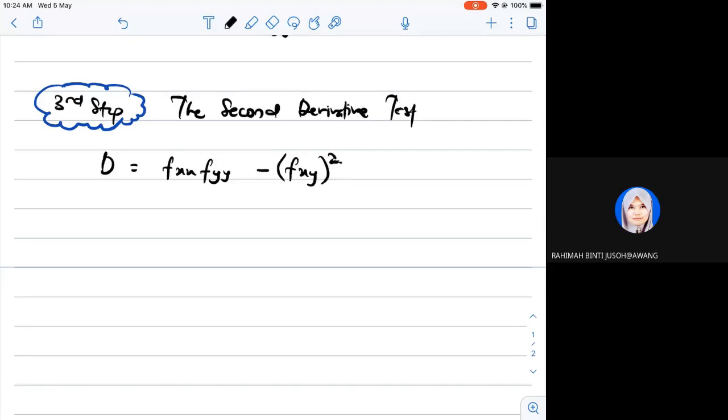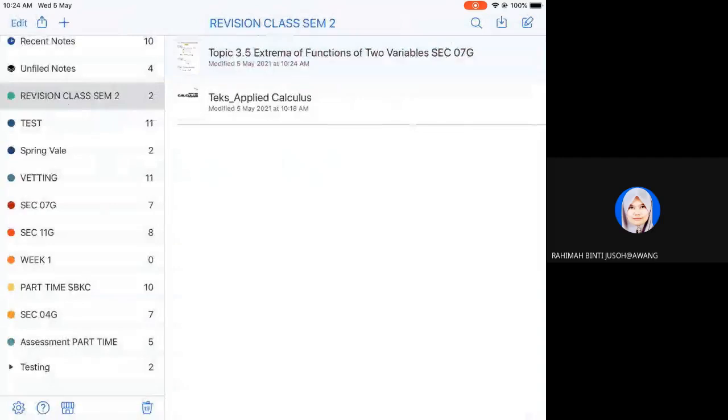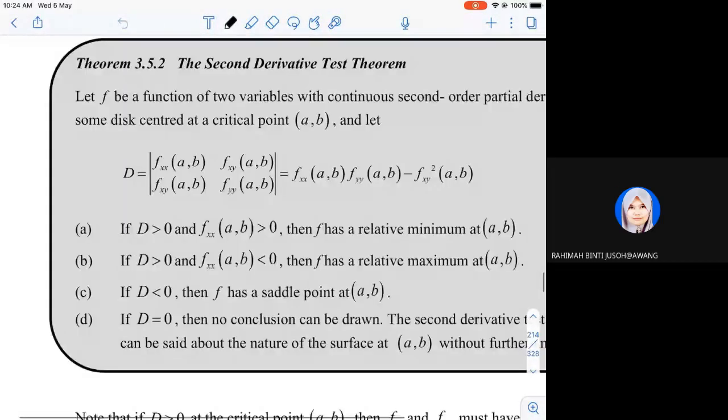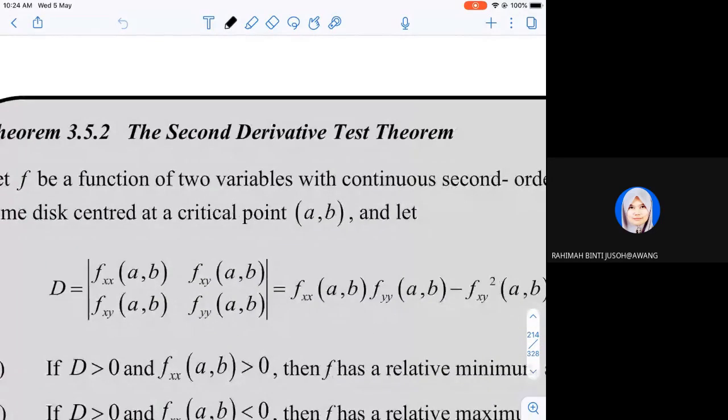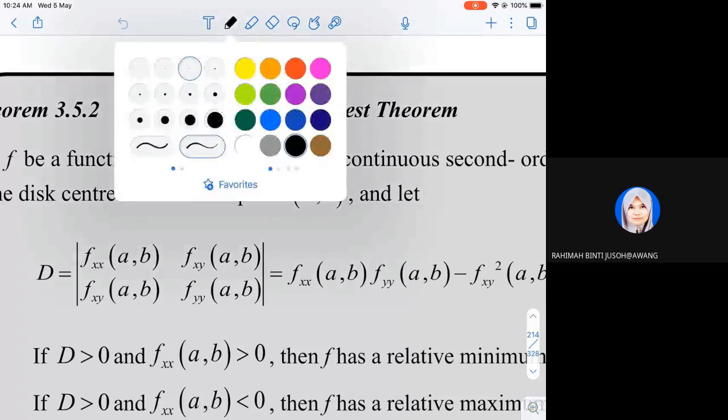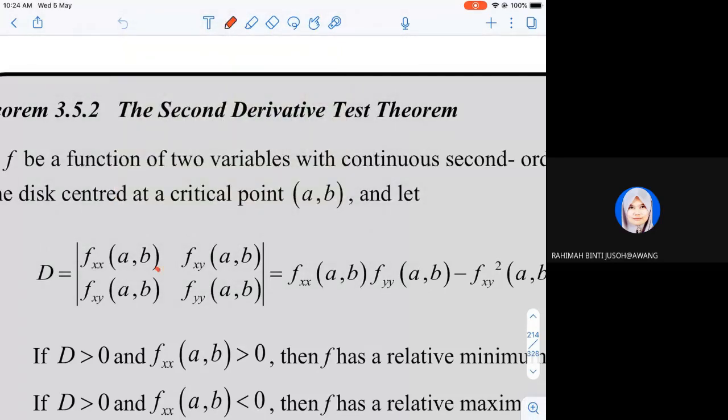Macam tu. Okay. Actually guys, formula dia macam ni. We have a determinant, sort of macam determinant lah, like this. Okay. But as we know, determinant kan dia biasanya macam ni. fxx darab fyy kan. Minus fxy darab ke atas ni.